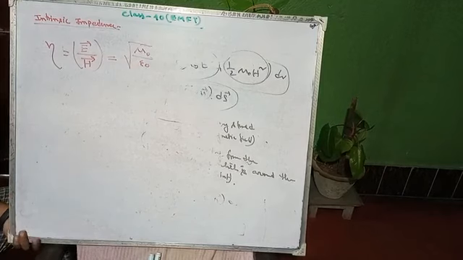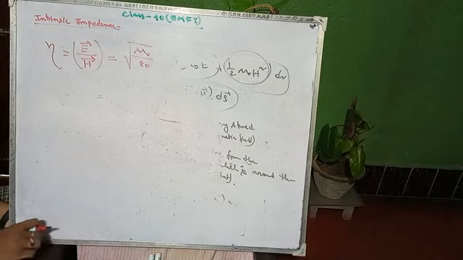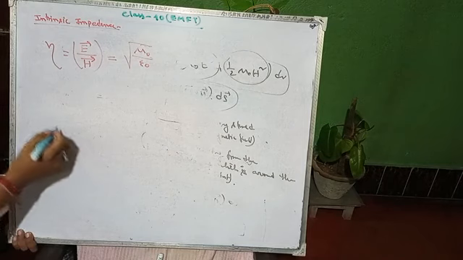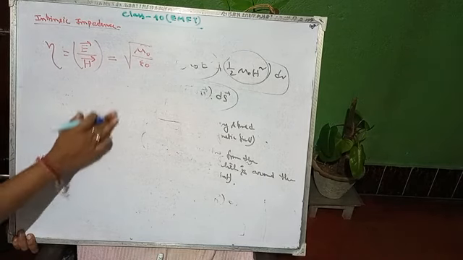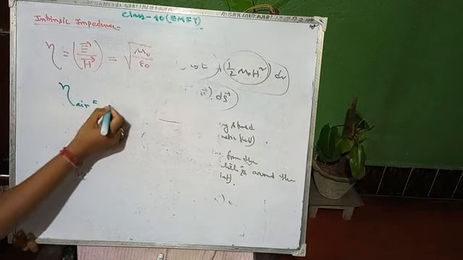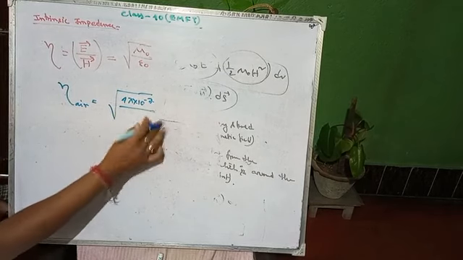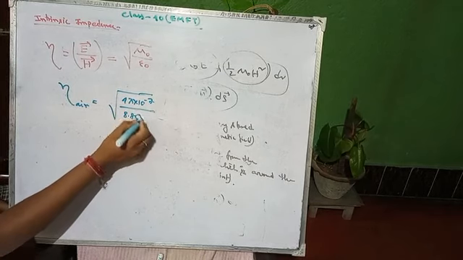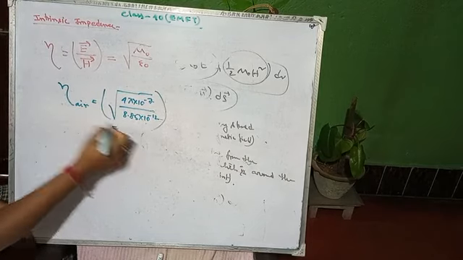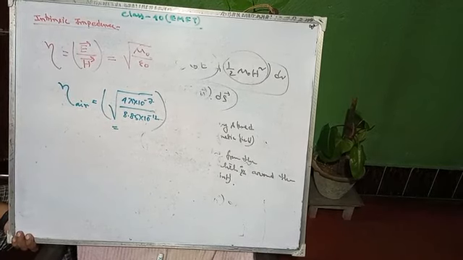For any air medium, if we want to calculate the intrinsic impedance, air is a non-conducting medium, so the intrinsic impedance for air will be root over 4 pi into 10 to the power minus 7 by 8.85 into 10 to the power minus 12. If you calculate, then you can get the intrinsic impedance for air.